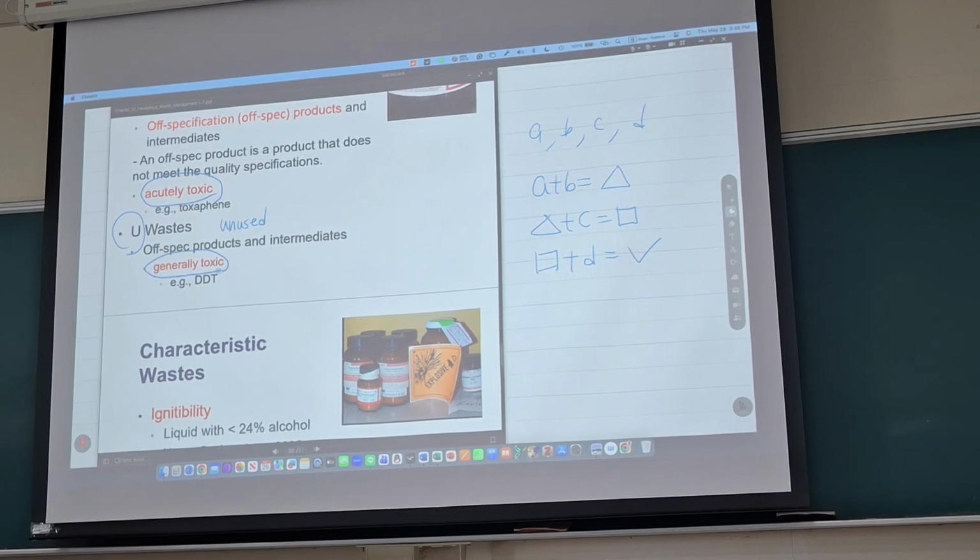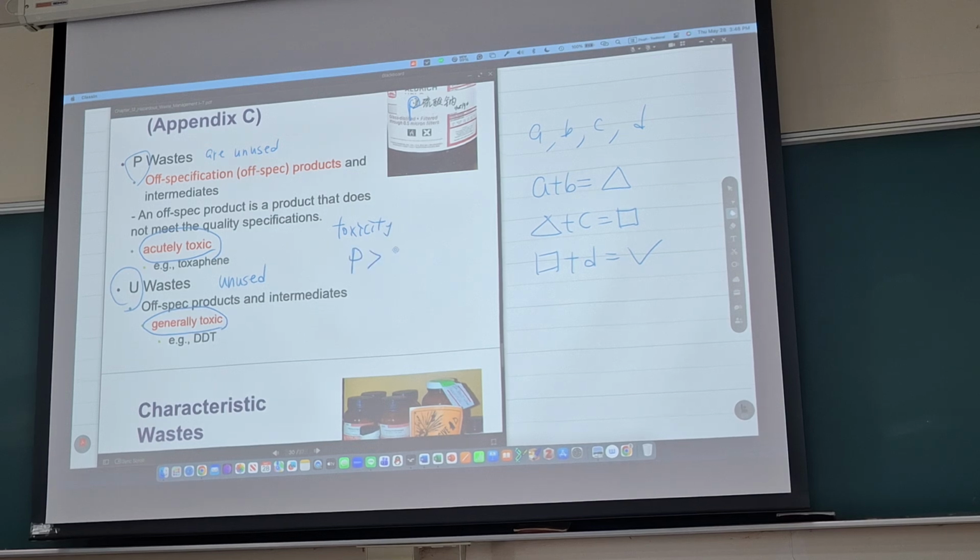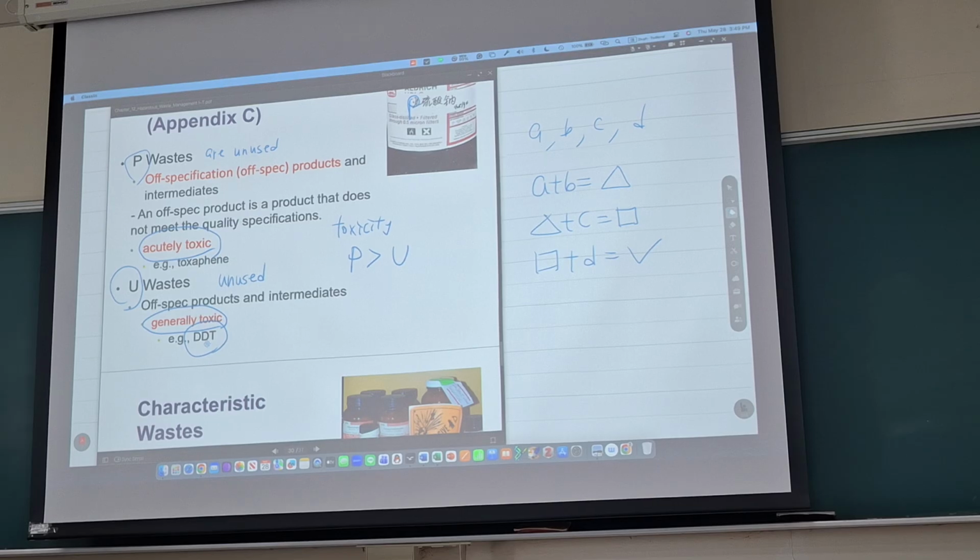So that means less toxic than P. So the toxicity of P is larger than U. Okay, but still very toxic. For example, like DDT, pesticide.